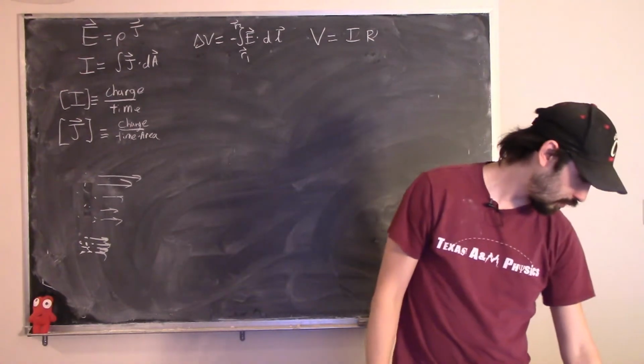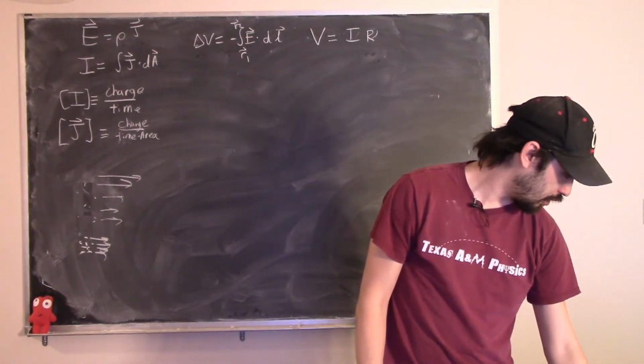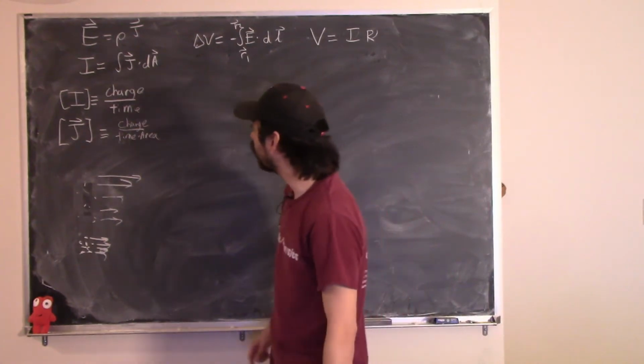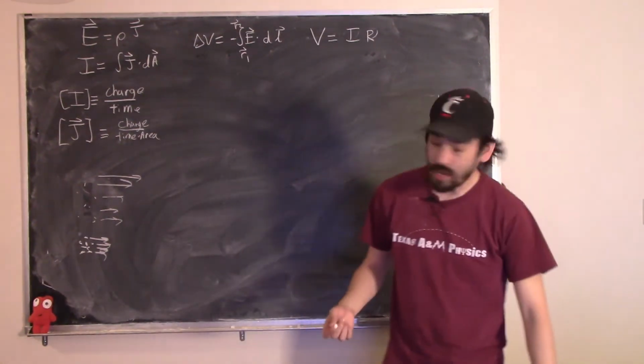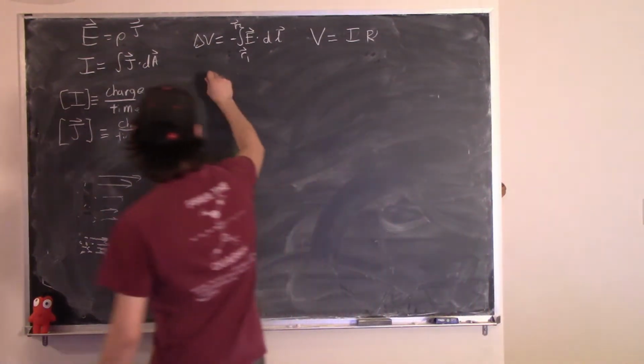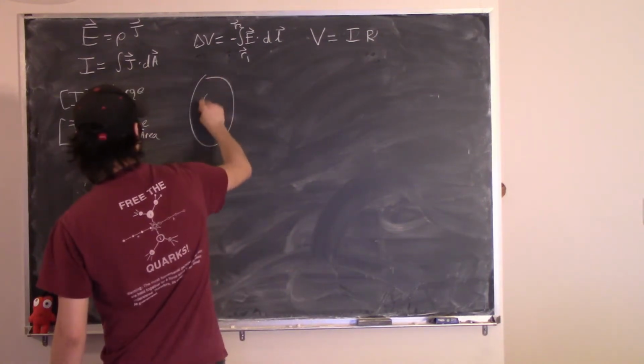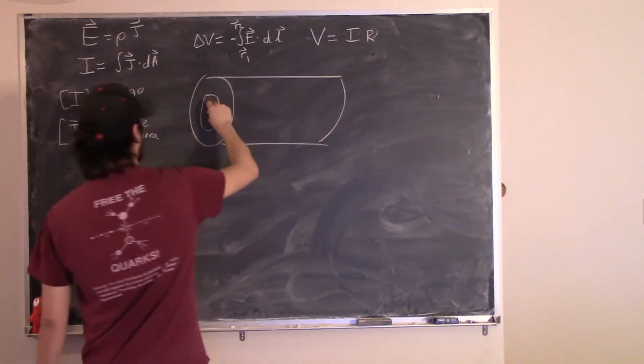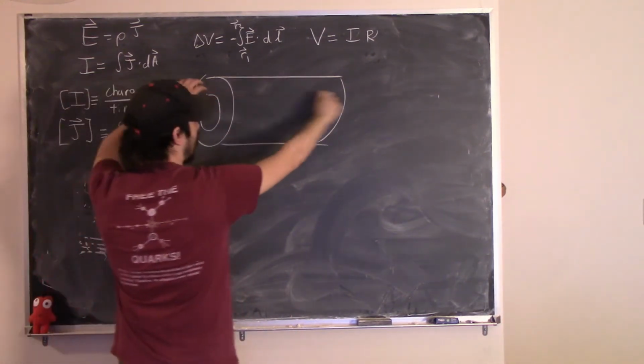Okay. So in order to show this, what I'm going to do is a couple of the examples that we did from class today. And the first one was to consider some cylinder that has this hole cut out of the middle.